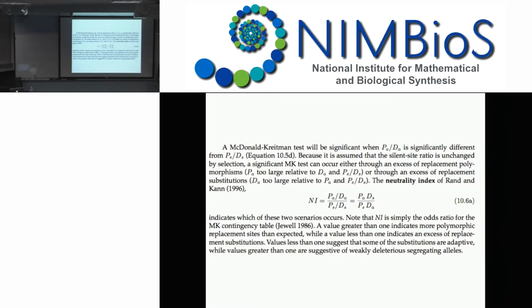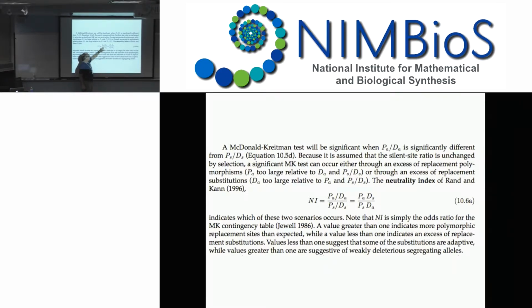An obvious question becomes, if I get a significant result, what is driving that? Relative to my neutral standard, do I have an excess number of replacement polymorphisms, or do I have an excess number of replacement fixations? The way you categorize that is the neutrality index. Here's the ratio under silent sites.